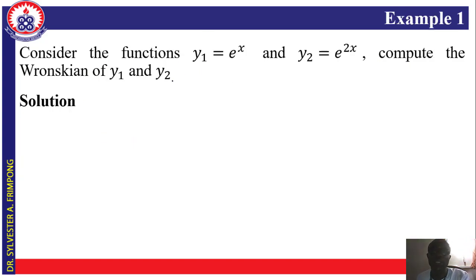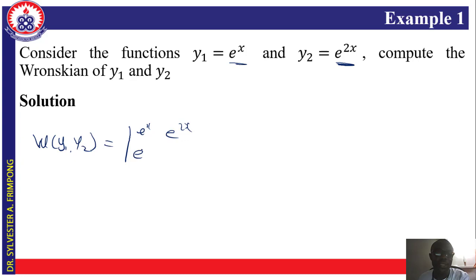So let's pick this example. We want to consider the functions y1 equals e raised to power x and y2 equals e raised to power 2x. If you are to compute the Wronskian of these functions, you are going to say the Wronskian of y1, y2 is going to give us e raised to power x, e raised to power 2x. If you differentiate it, the same thing. If you differentiate, you get 2 e raised to power 2x.